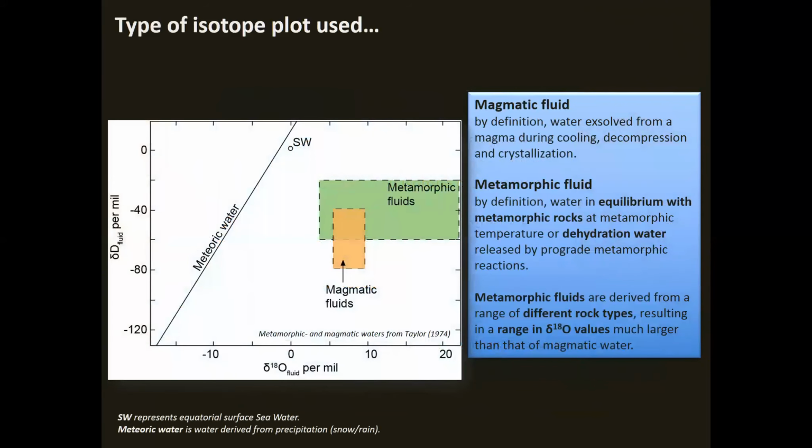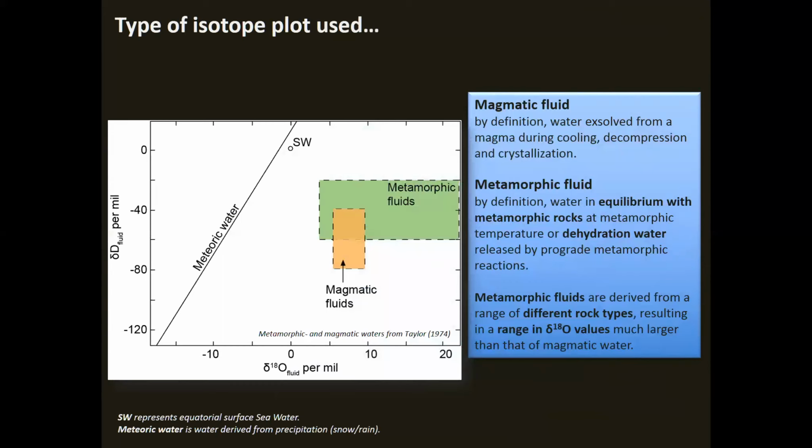And then we want to plot our data over the magmatic fluids and the metamorphic fluids to see where our data land. These two fields are from Taylor, 1974, and it basically means that a magmatic fluid is water exhaled from a magma during the cooling. Metamorphic fluid is a fluid that is in equilibrium with metamorphic rocks or formed by dehydration reactions during prograde metamorphic conditions.